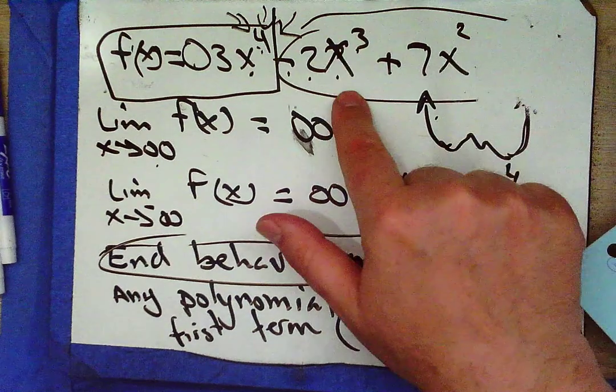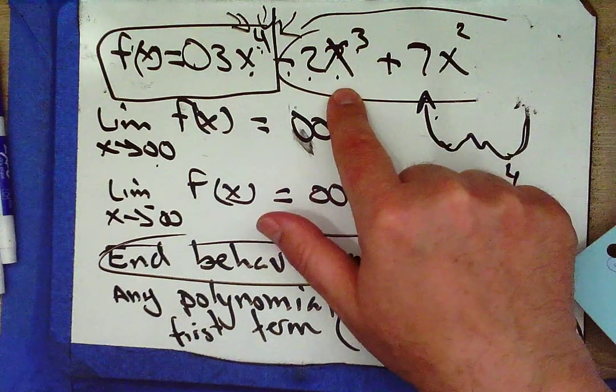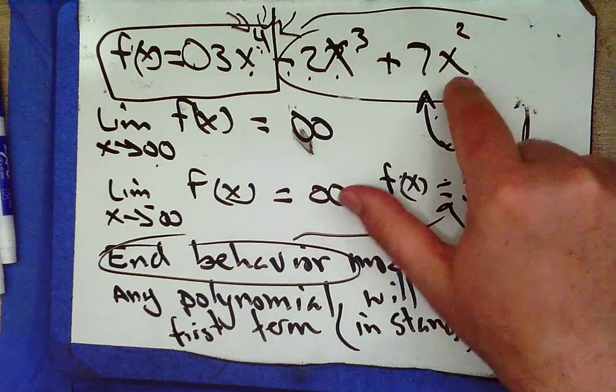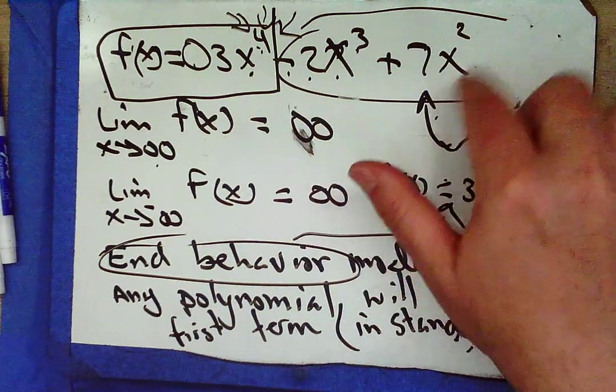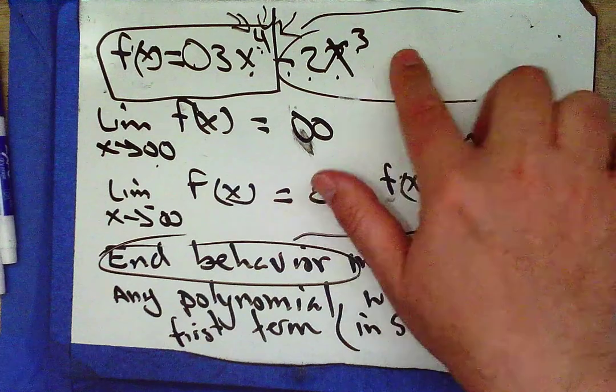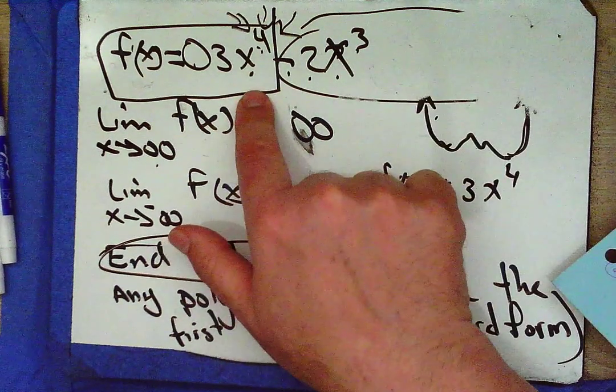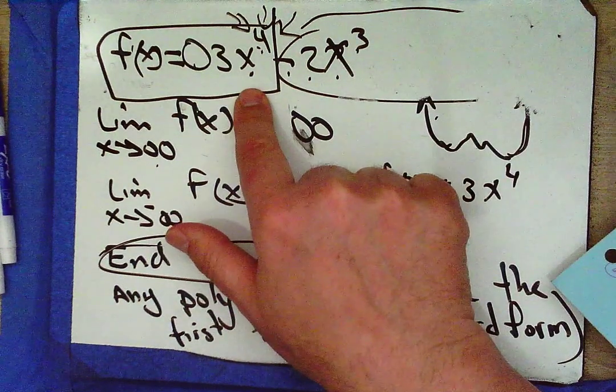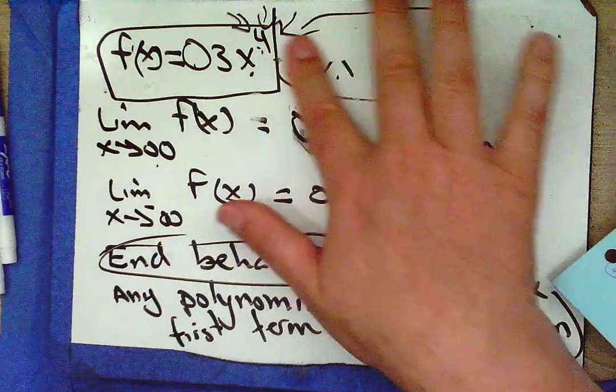And if I put in 1,000 and cube it, there are so many zeros. Poor x squared with its 1,000 squared feels like it can't compete. And that's exactly what happens here. 3x to the fourth is so dominant that negative 2x to the third slinks away.